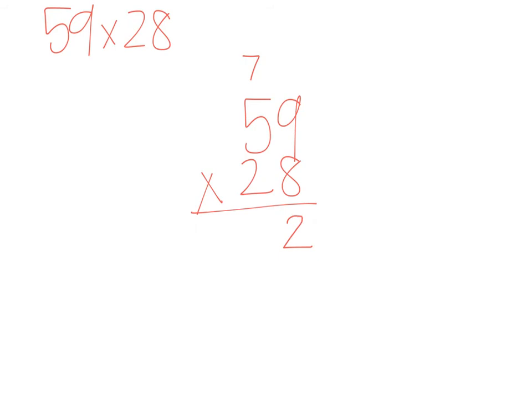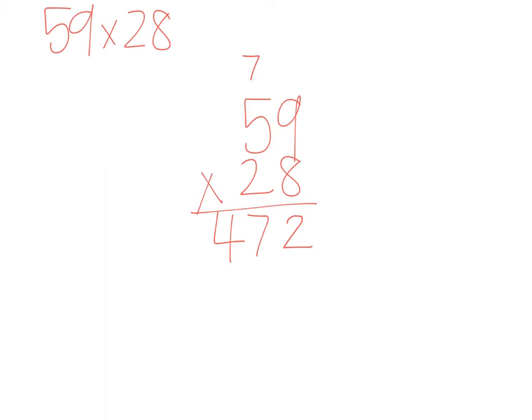Okay? Now, we're going to do 8 times 5. What's 8 times 5? 40. And then we're going to add that extra 7. So 47. Okay, now we're moving over to the 2. But this is not really 2, right? It's actually 20 because it's in the 10 spot.